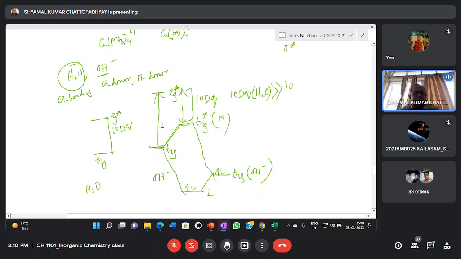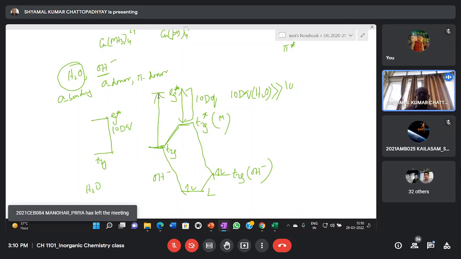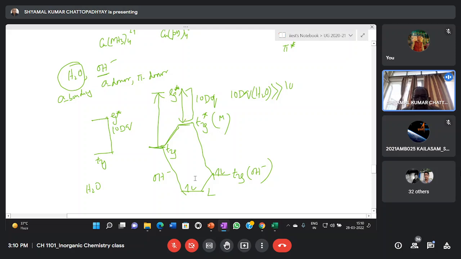Whereas in the sigma-only picture hydroxyl ion has a higher crystal field than water, when we consider both sigma and pi bonding, by virtue of pi donation from the hydroxyl ion the t2g orbital is destabilized, and this causes the gap to be smaller. So the gap of hydroxyl ion is smaller than that of water.